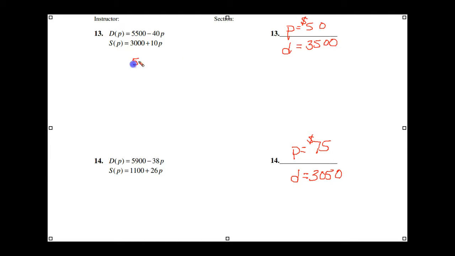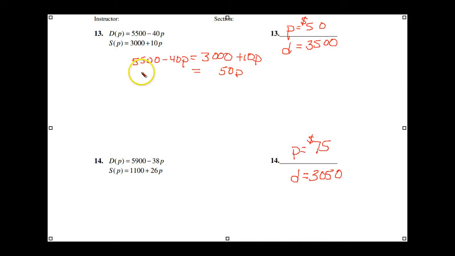It's going to be 5500 minus 40p equals 3000 plus 10p. Notice this is negative slope, so we're going to bring that over to this side, get 50p.